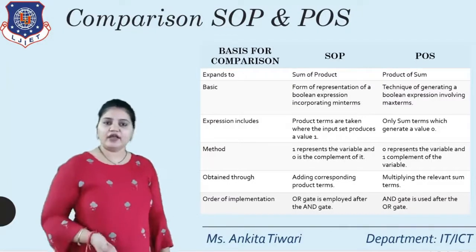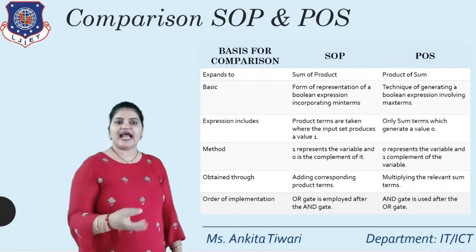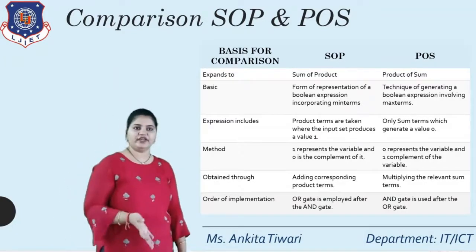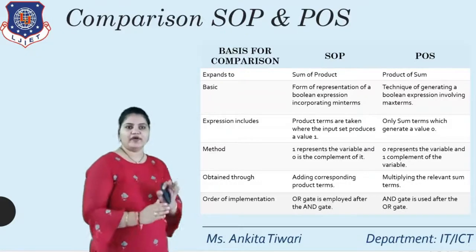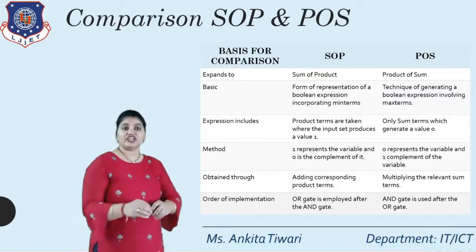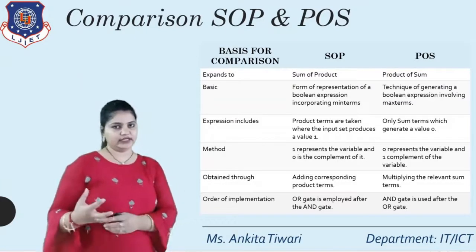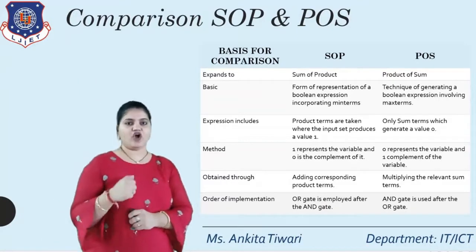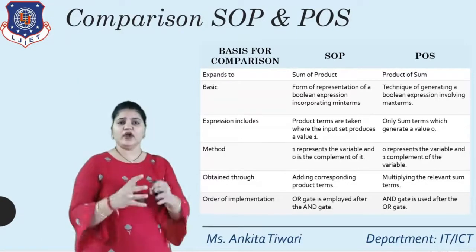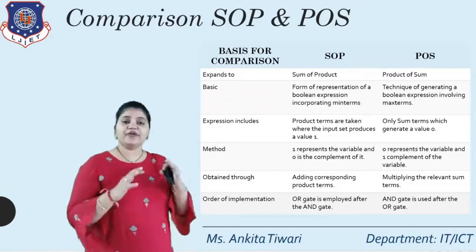After that, the method involved in SOP is that the 1 represents the variable and the 0 represents the complement of it. Now the same thing in POS, the 0 represents the variable and the 1 represents the complement of the variable, the opposite of it. Now another thing that we need to keep in mind is the obtained value. SOP is taken with respect to corresponding product terms.